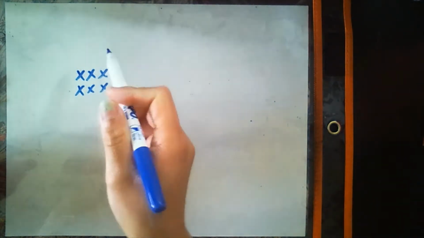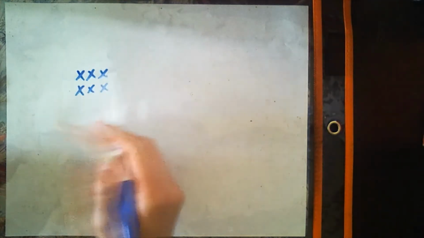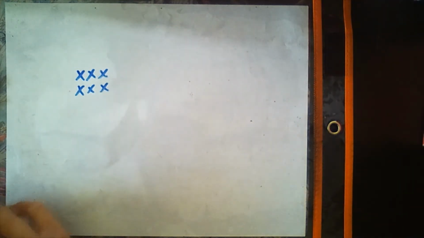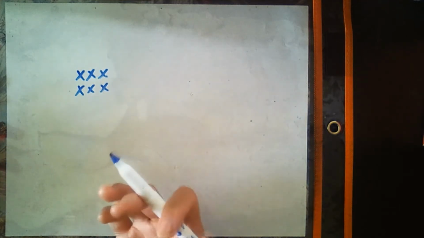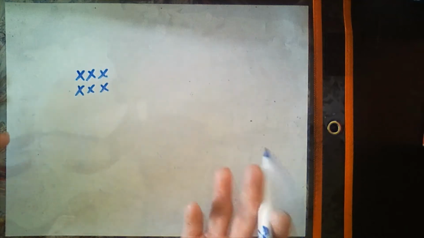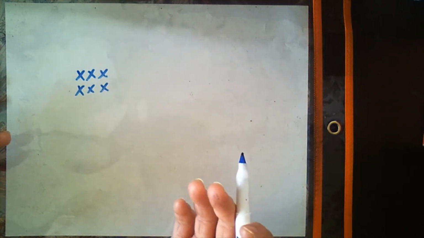What do you notice about this rectangular array? Yeah, there are 2 groups of 3, and the same number is in each row. How many X's are in each row? Yeah, there are 3 X's in each row.